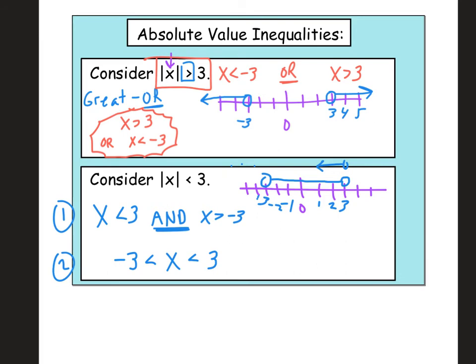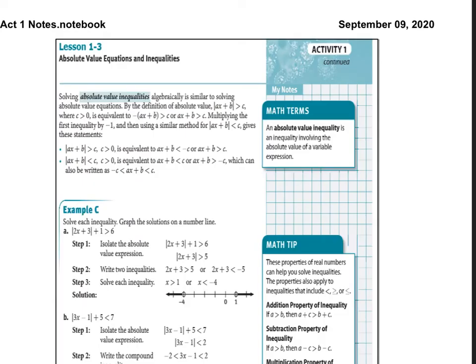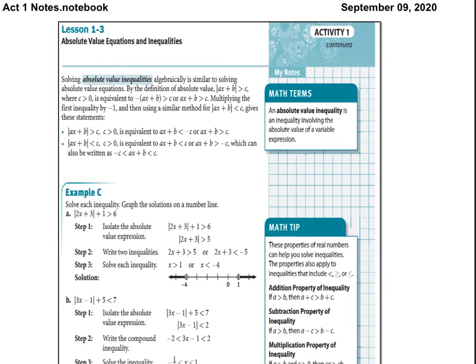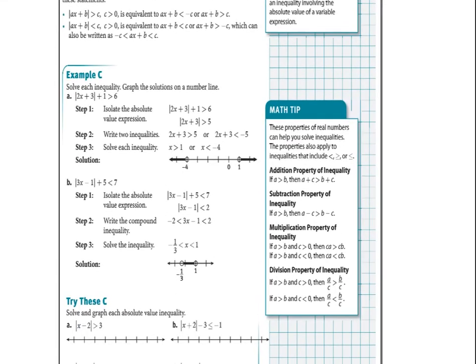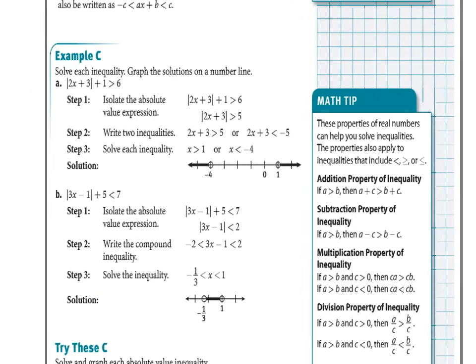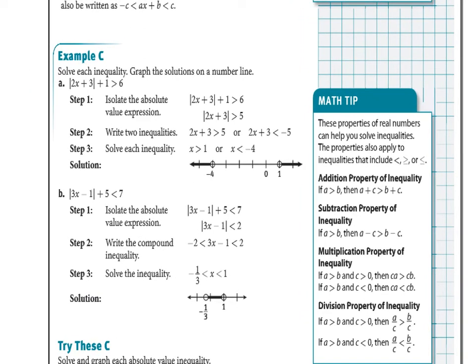Okay, so let's do a couple examples. In the book, you'll see there's a couple examples. They did one of each. The first one, we're getting this mindset of reading it as a greater than, so that's an or problem, and you can see in the way they set it up as an or problem, the answers go in opposite directions.